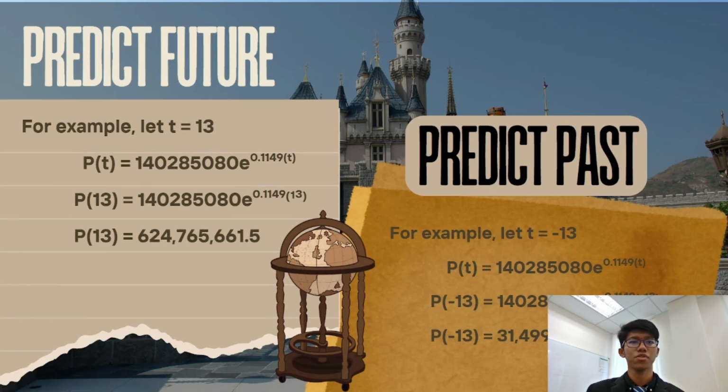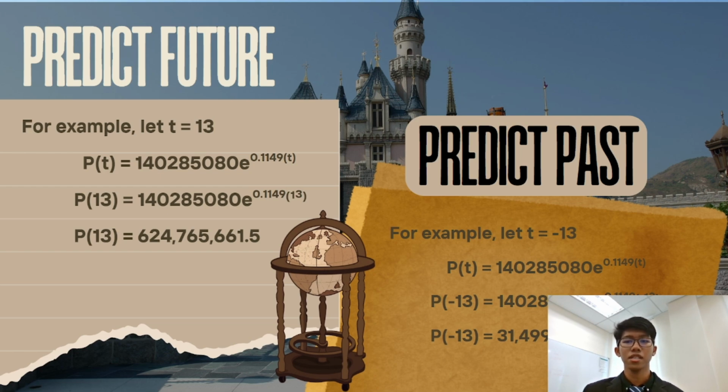Now we would like to proceed on the use of the particular solution that was explained before. We could use that particular solution to predict the future and the past. For example, if we want to find the emission of carbon dioxide for the 30th year, starting from 1998, we could substitute the value 13 in the calculation, and we would get 624,765,661.5.